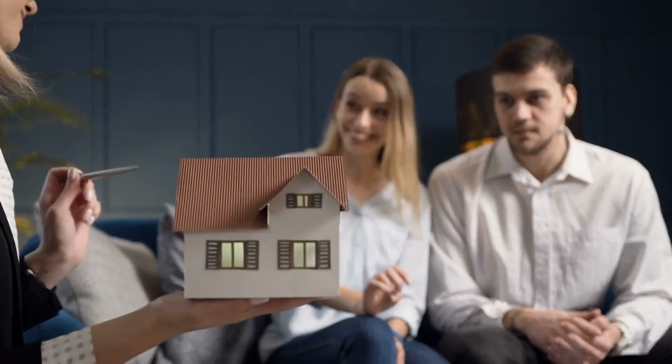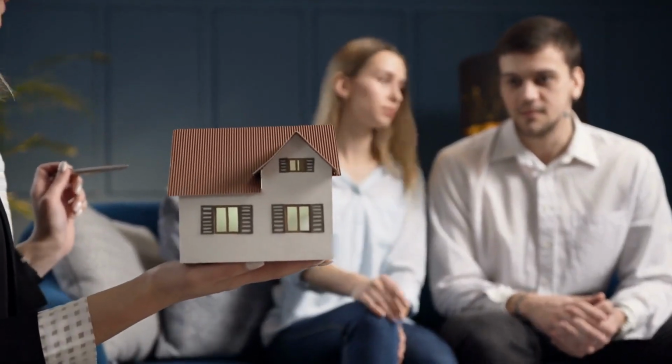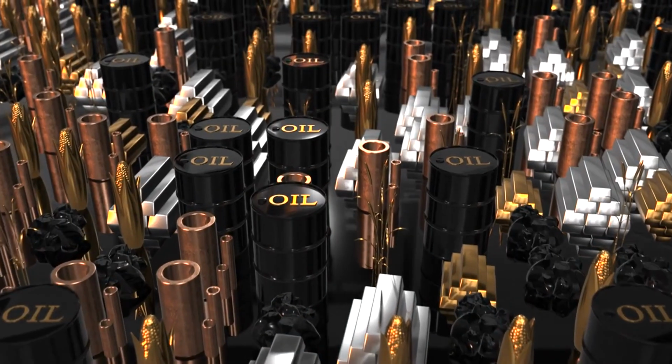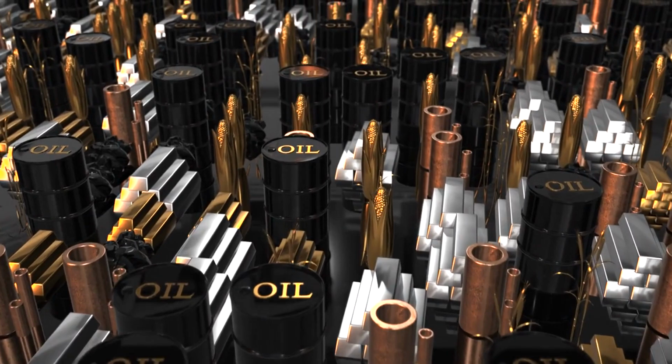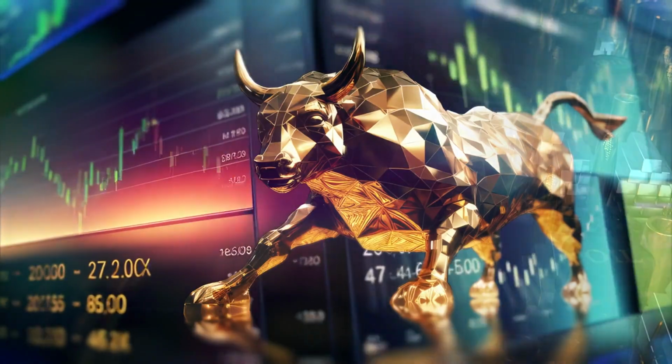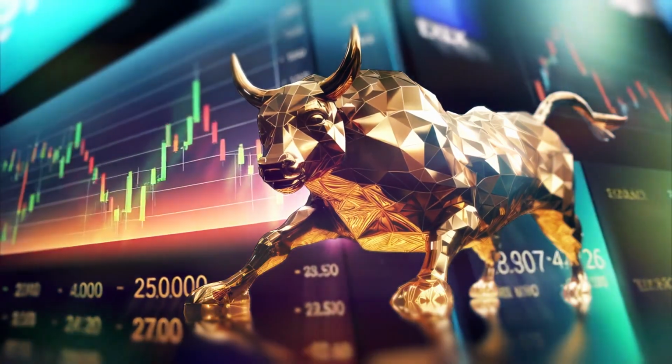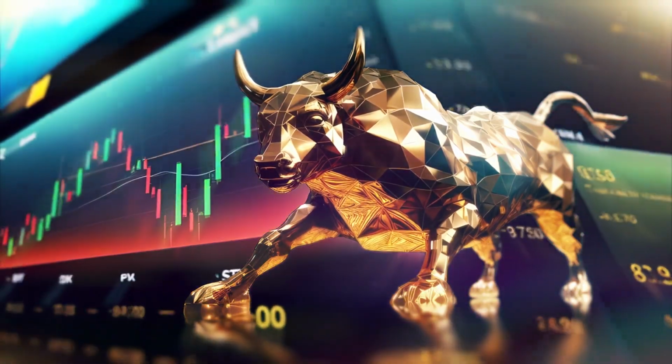Real estate. Real estate can offer rental income and potential appreciation. Investors can purchase physical properties or invest through real estate investment trusts, REITs. Commodities. These include physical goods like gold, silver, oil, and agricultural products. Commodities can serve as a hedge against inflation and provide diversification.